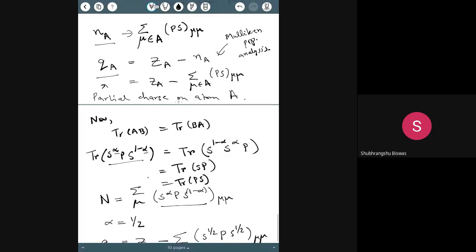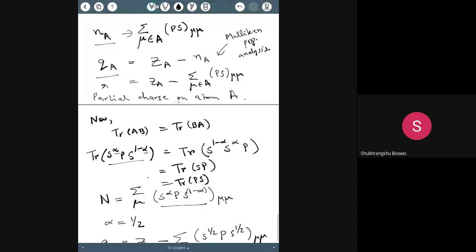Quantum mechanics does not tell you how many electrons reside on one atom. These expressions are not rigorous. You can have alternative expressions, and it may well be that you get contradictory answers. So it's good to keep it in mind, but largely they are useful, so people use it.